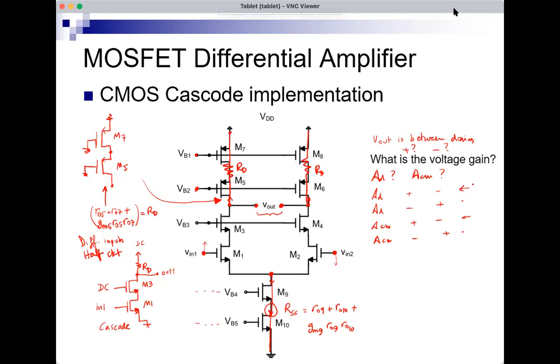So really, that's no big deal. So we can find AD from the half circuit. So AD from half circuit. So I'll use the cascode formulas.